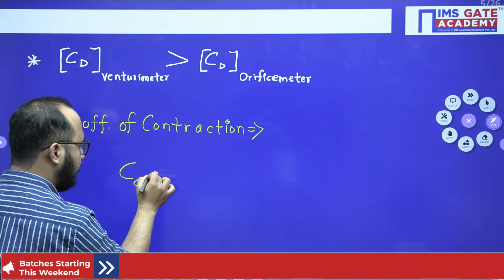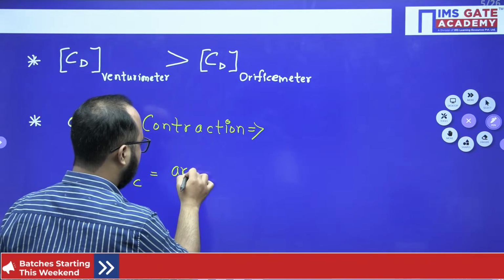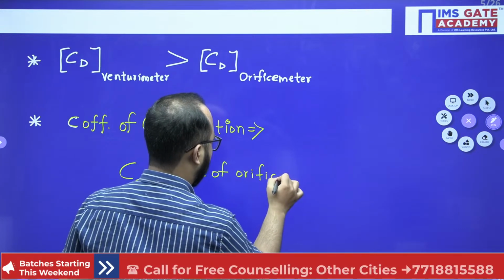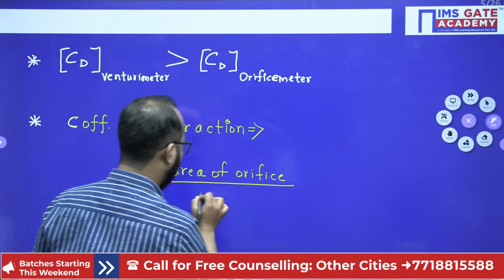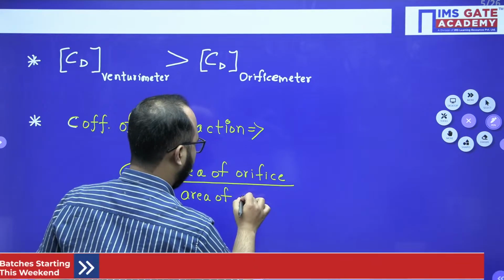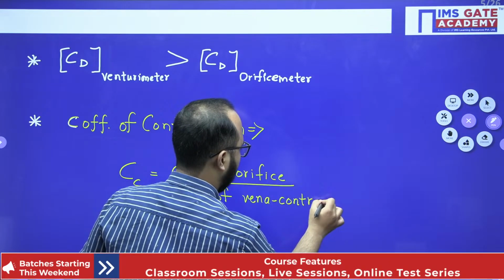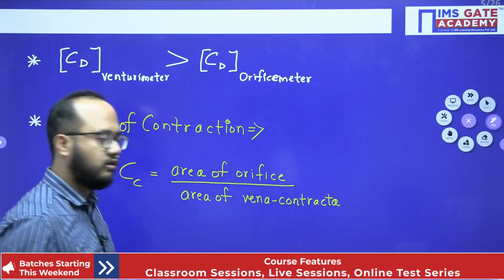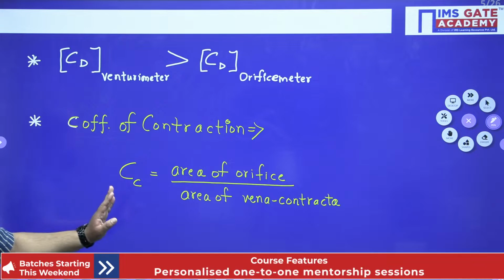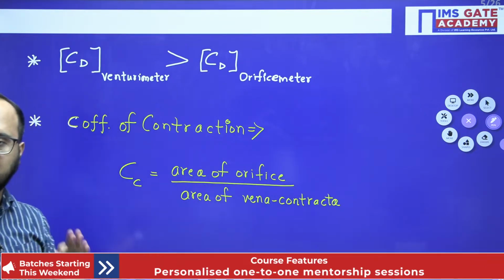It is represented by CC. It is the area of orifice divided by the area of vena contracta. I hope the point is clear. So the coefficient of contraction equals area of orifice divided by area of vena contracta.